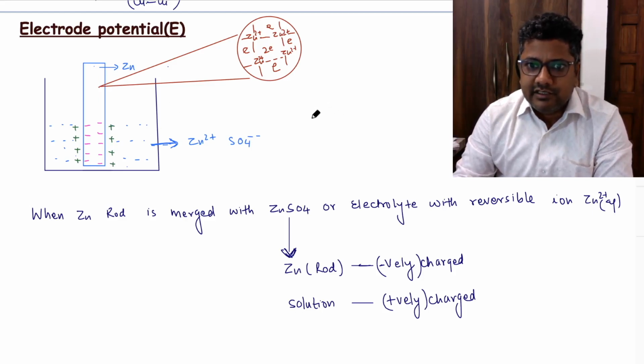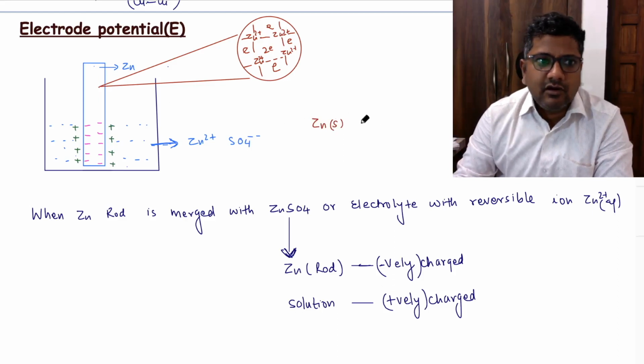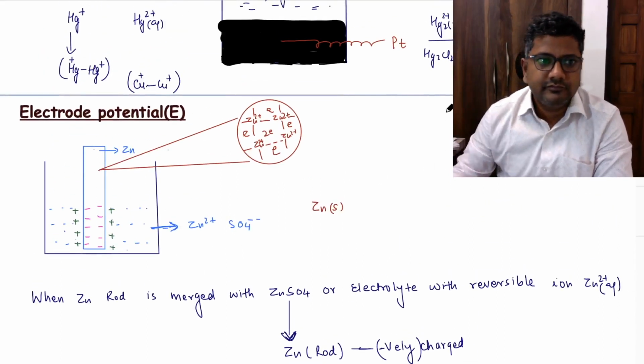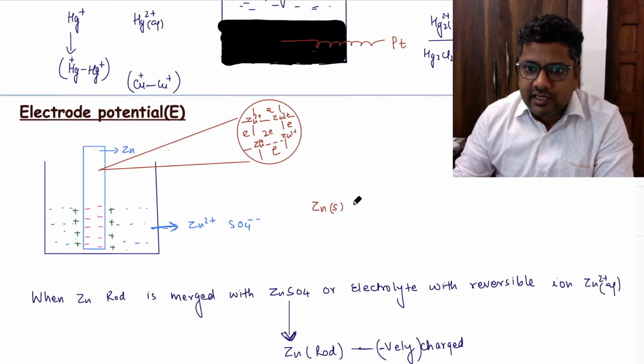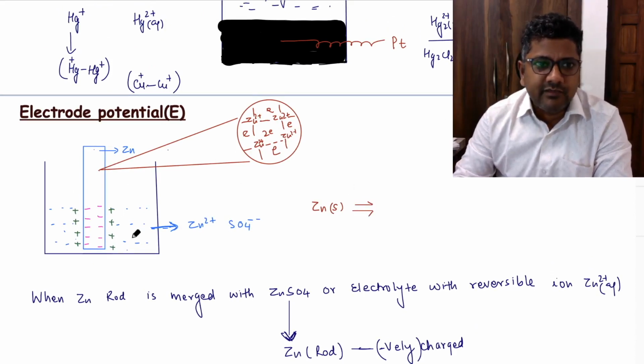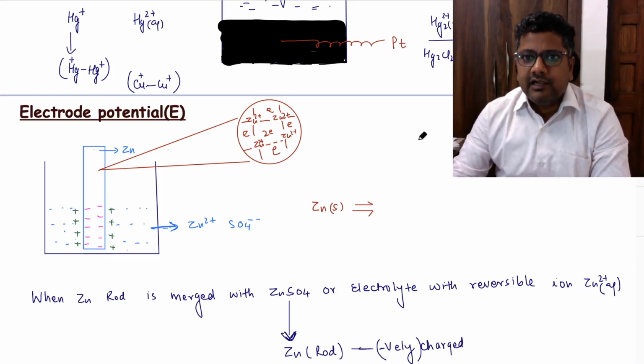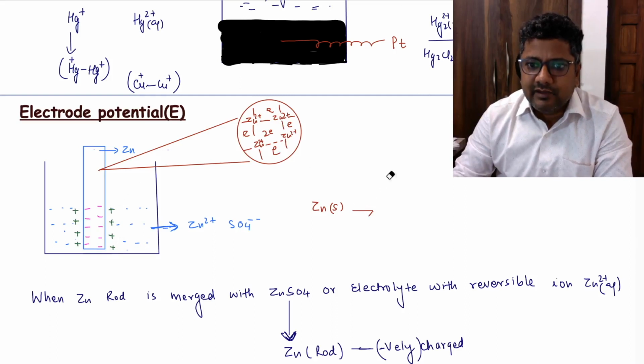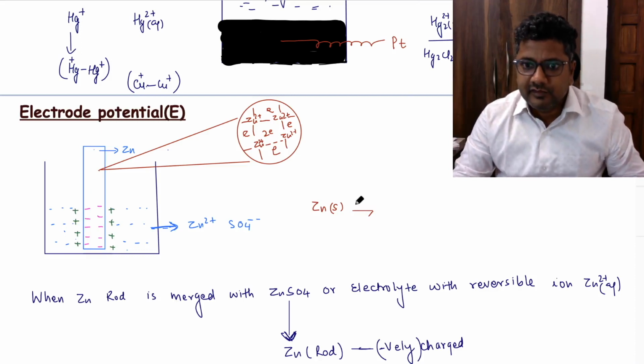See, the zinc solid, means the zinc rod, the zinc ions which are present at the rod, this lattice will break when this is put into the zinc sulfate, and this lattice will cleave, and some of the zinc ions will transfer to the solution.